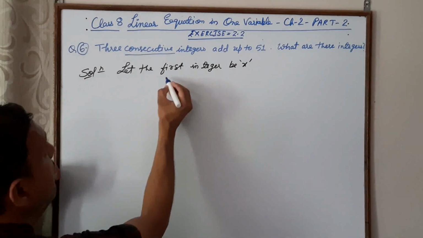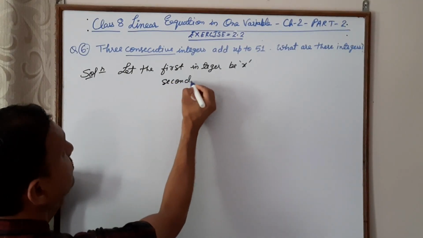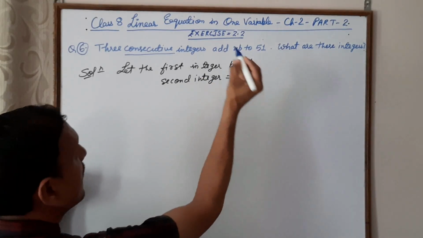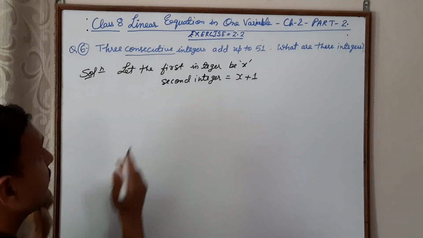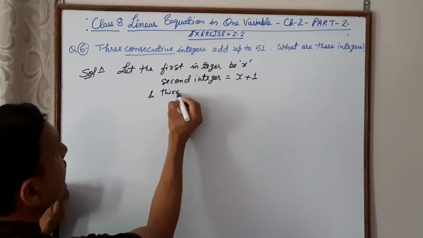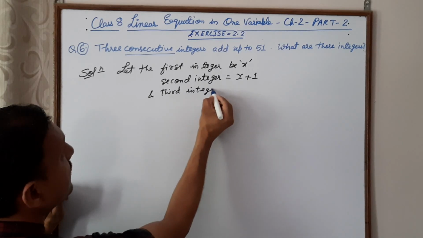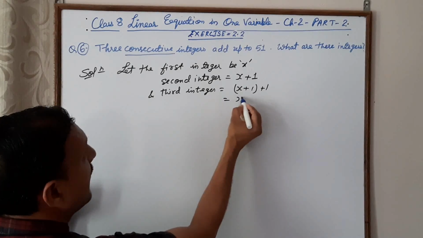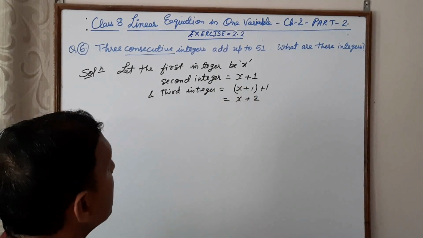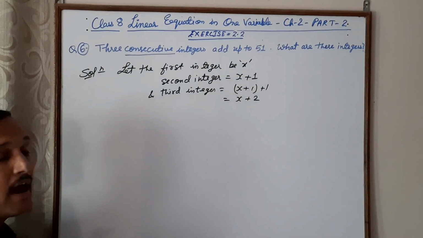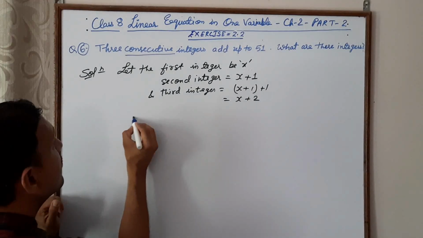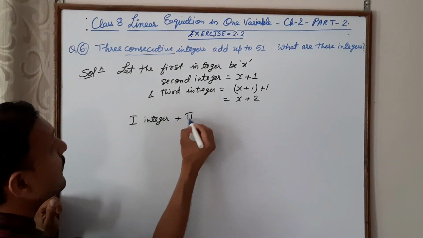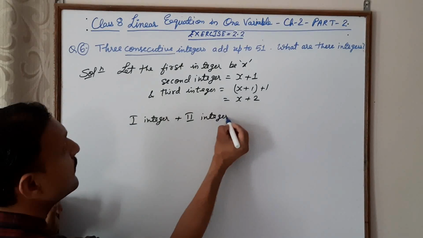Then second integer equals x plus 1, because there are three consecutive integers, and third integer equals x plus 1 plus 1, means x plus 2.